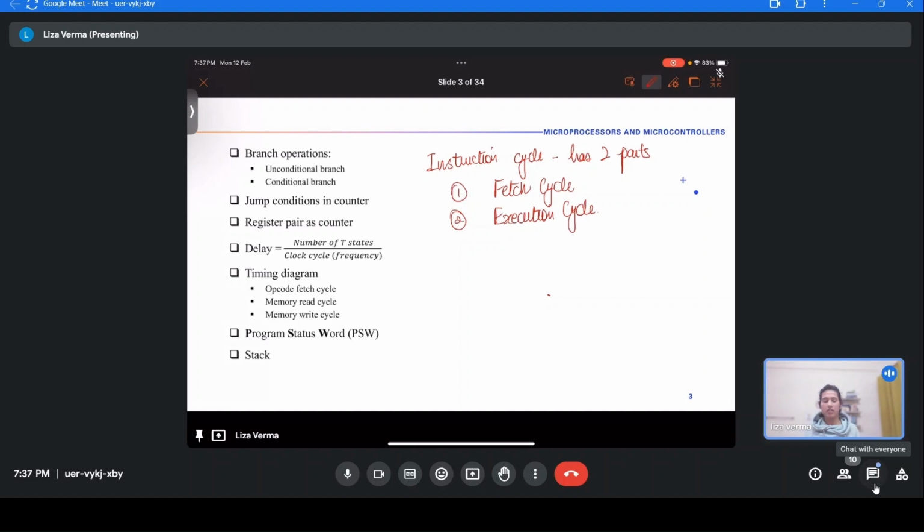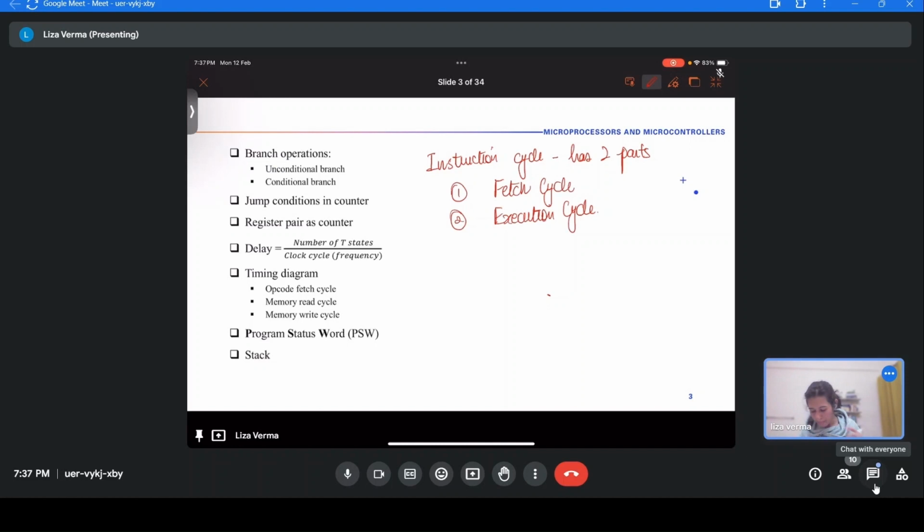The fetch cycle is typically just the opcode being fetched from the memory. The MUP is fetching the opcode that is written in the program, and that is the fetch cycle. Then after that the opcode is decoded, the MUP gets to know what is to be done, and the execution takes place. This is the basic idea of an instruction cycle.